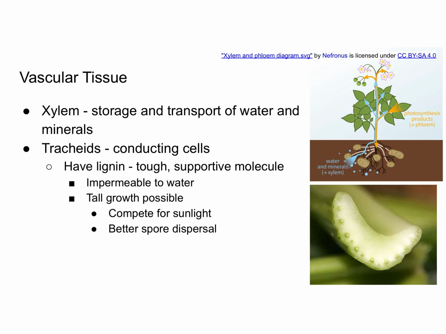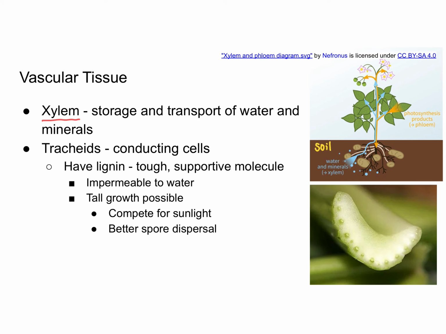There are two different types of vascular tissue in vascular plants. On this slide, we're going to talk about xylem, and on the next slide, we'll talk about phloem. Xylem are vessels, which are kind of like tubes, and the primary function of xylem is the storage and transport of water and minerals. So you can see on this picture here, we have water and minerals in the soil.